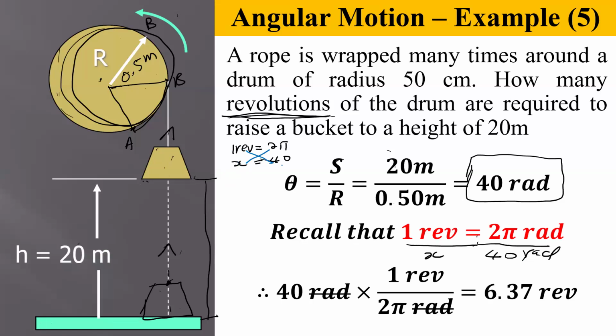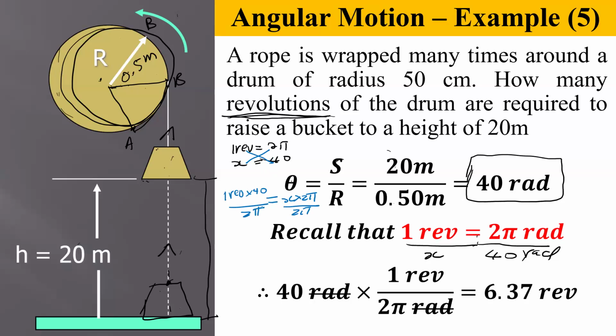So you will get 1 rev times 40 is equal to x times 2 pi. And you need to get x, so you're going to divide by 2 pi. Anything you do to one side, you do to the other.